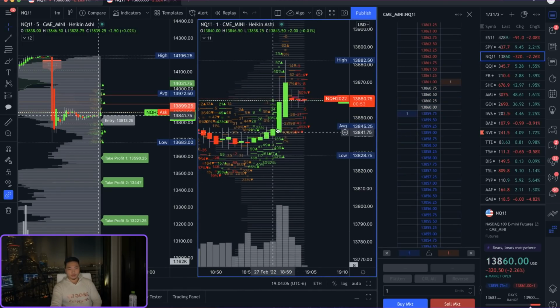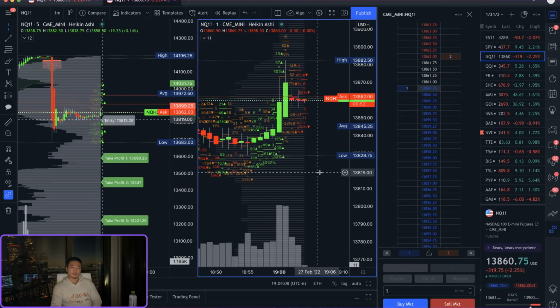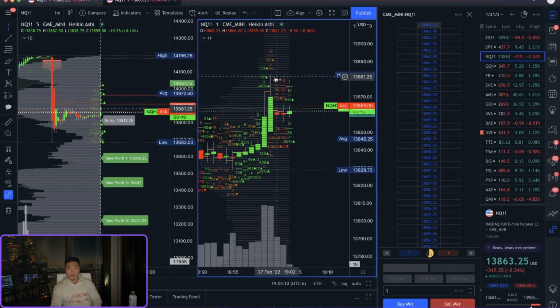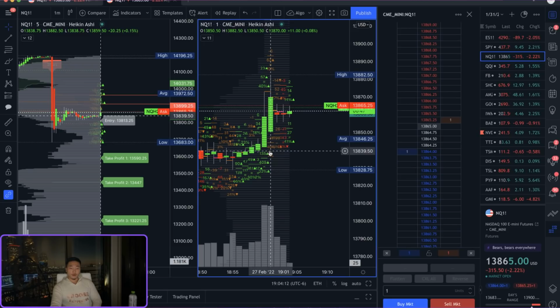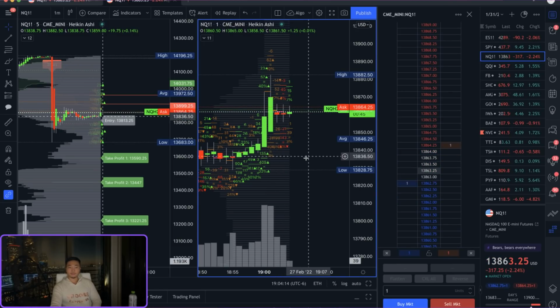And you can see those two candles, especially this one, the top for now, that the volume is significantly higher.